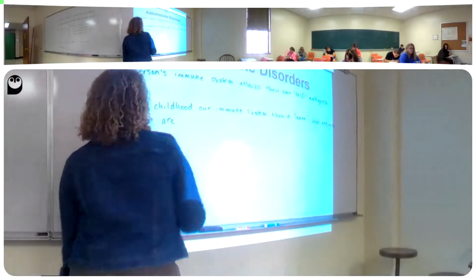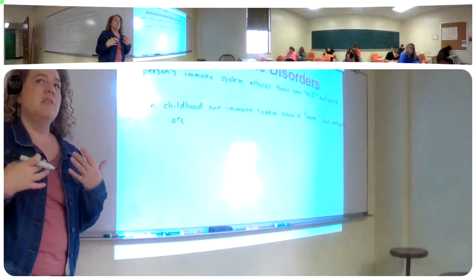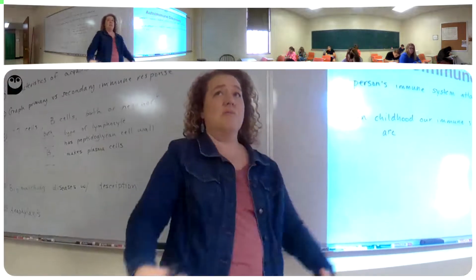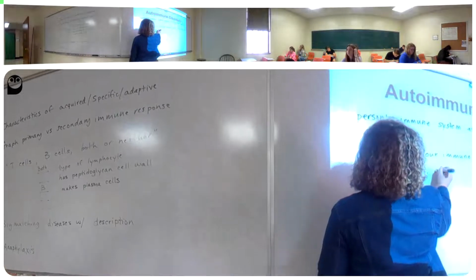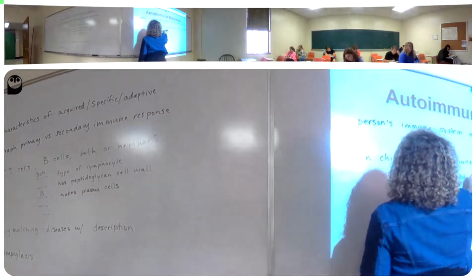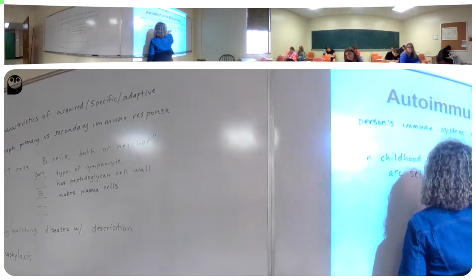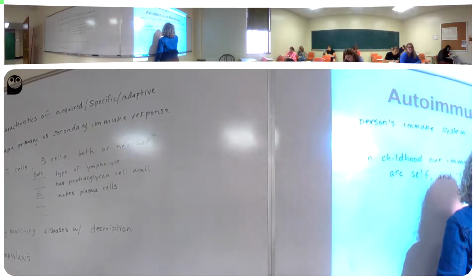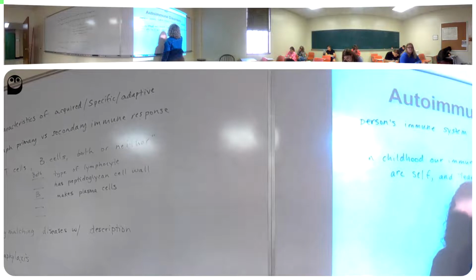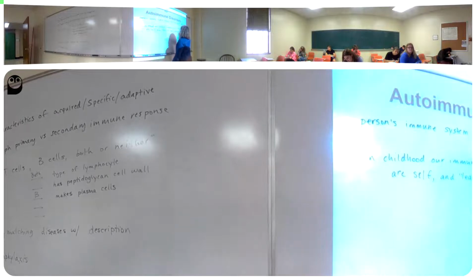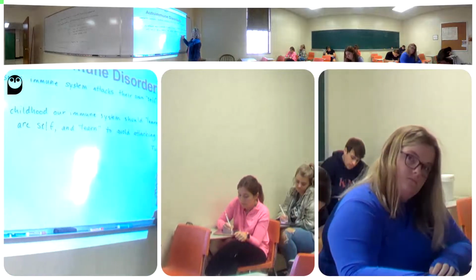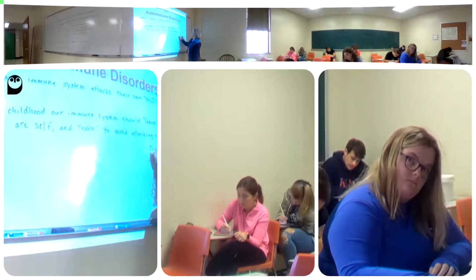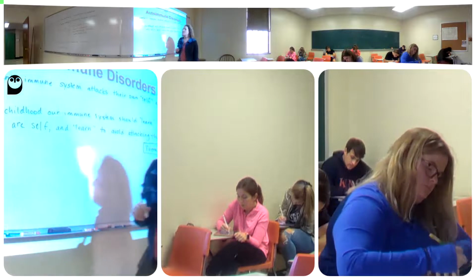So we go through a process to learn what shapes are part of our own body and our own normal environment. And our immune system should learn to avoid attacking them. And this is called immune tolerance.